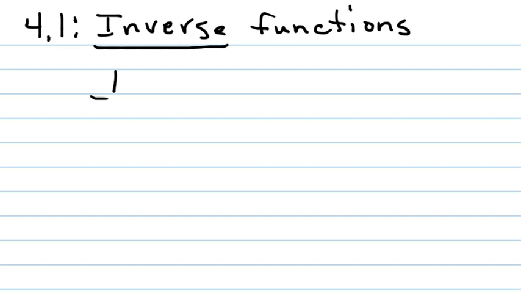For example, if you have the fraction 1 over 4, remember that that literally means 1 divided by 4. And so the inverse of 1 over 4 would be 4 over 1. You're just going to reverse it.